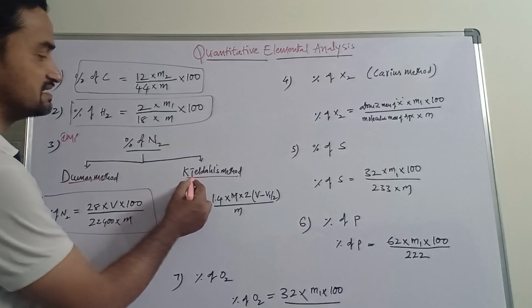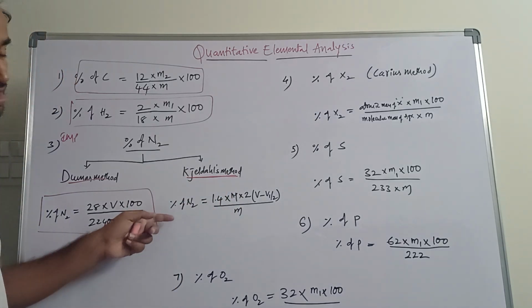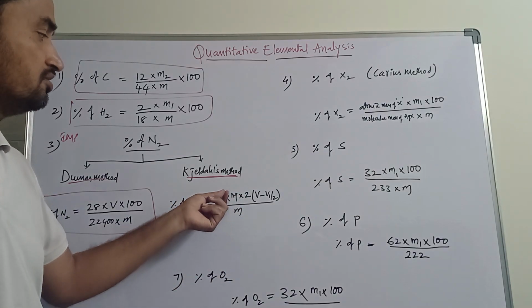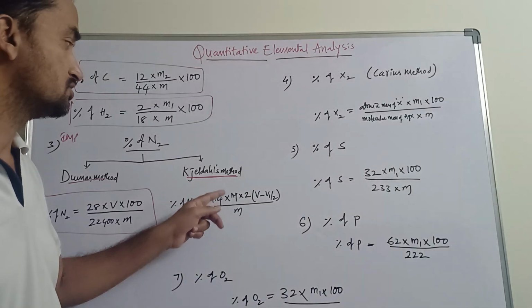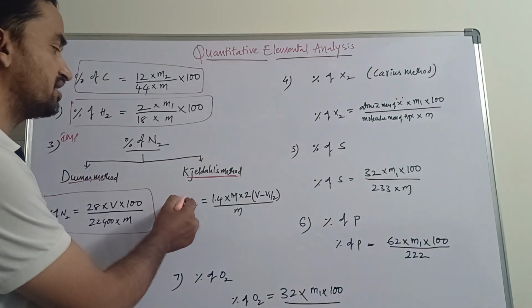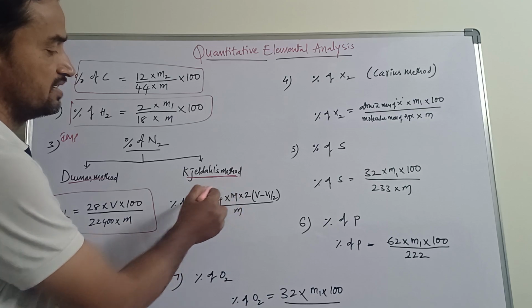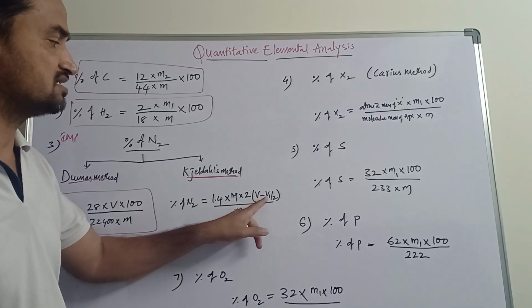Now the second method is the Kjeldahl method. Here we convert the nitrogen in the compound into ammonium sulfate, and later titrate with sodium hydroxide. The percentage of nitrogen can be calculated with the formula 1.4 into M, where M is the molarity of the sulfuric acid, into 2V minus V1 by 2.